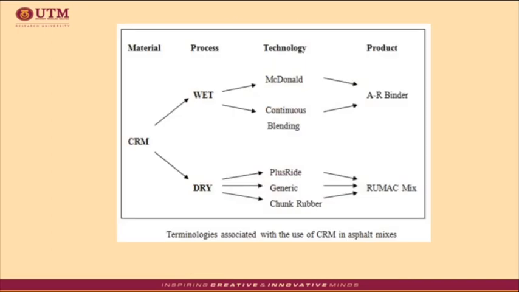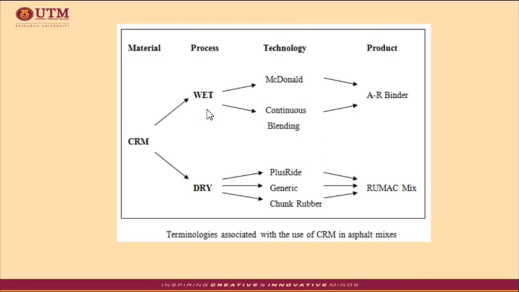These are some terminologies associated with the use of crumb rubber recycled from scrap tires in asphalt mixture using dry and wet methods. Basically, crumb rubber is a recycled rubber obtained by the mechanical grinding of scrap tires into small particles. The use of crumb rubber in asphalt mixtures can be traced back to the 1840s when natural rubber was first introduced into bitumen to enhance the binder's elastic properties.